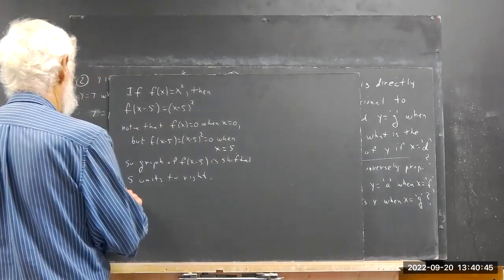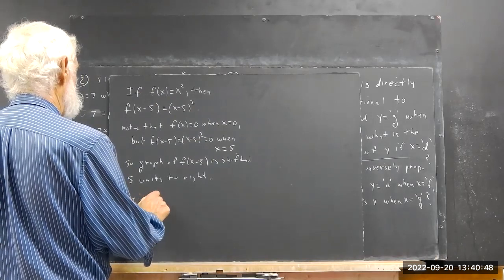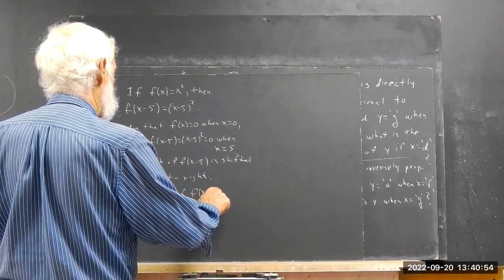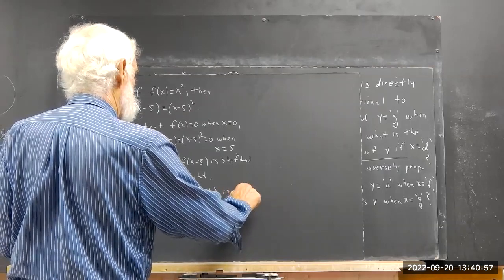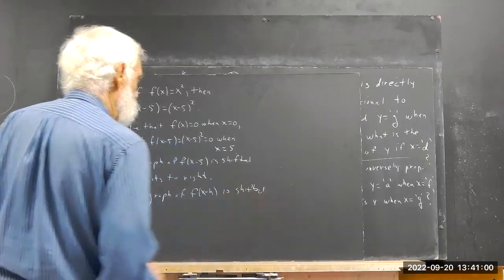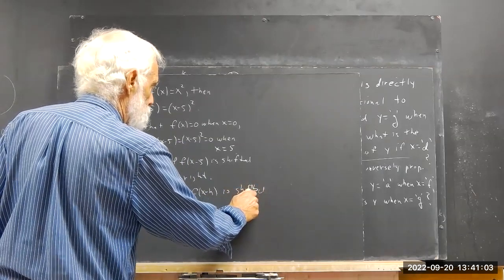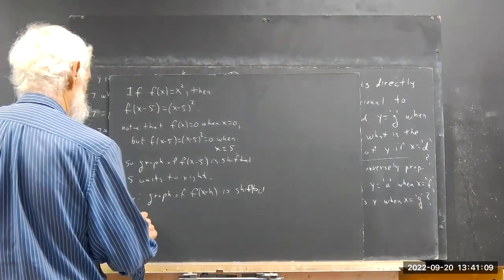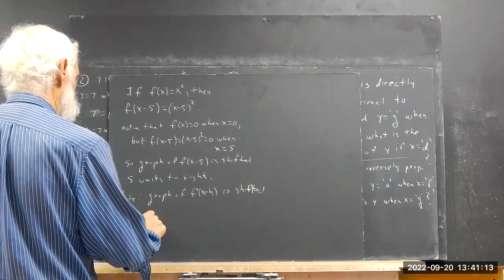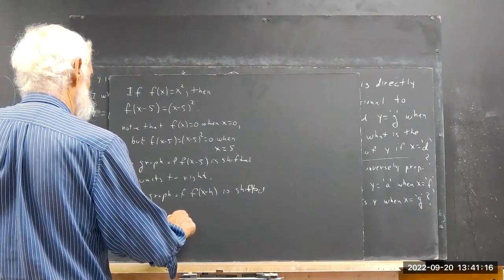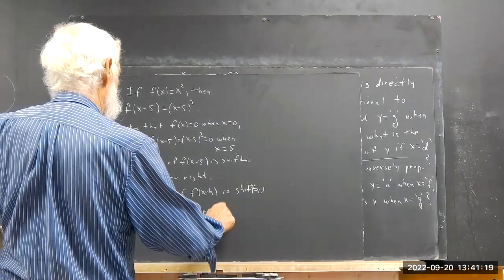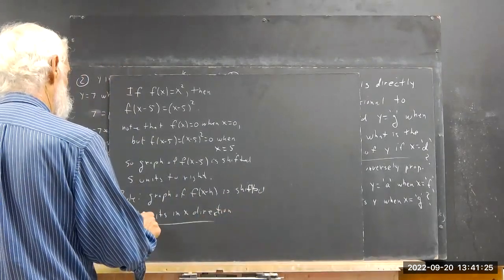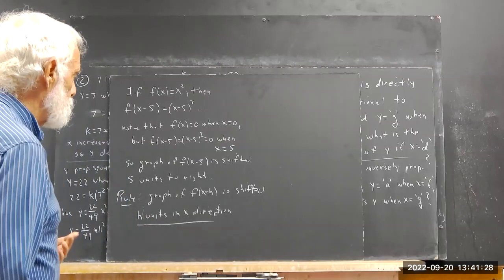So the rule is the graph of f of x minus a is shifted a units in the x direction, not negative a units.